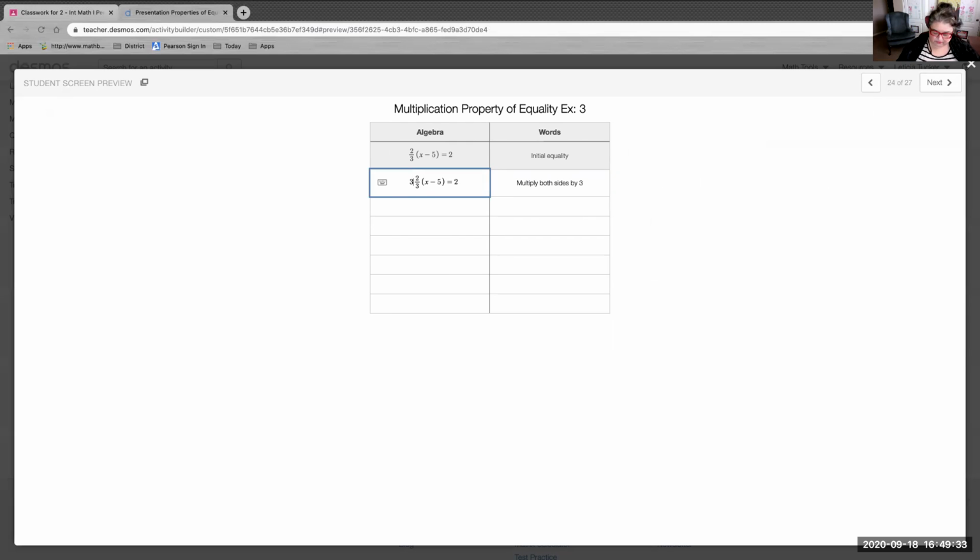So I'm going to put 3 times all of that, and then 2 times 3 on that side. When I do that, I'm going to end up with, don't look, I'm going to cheat a little bit so I don't have to type as much.